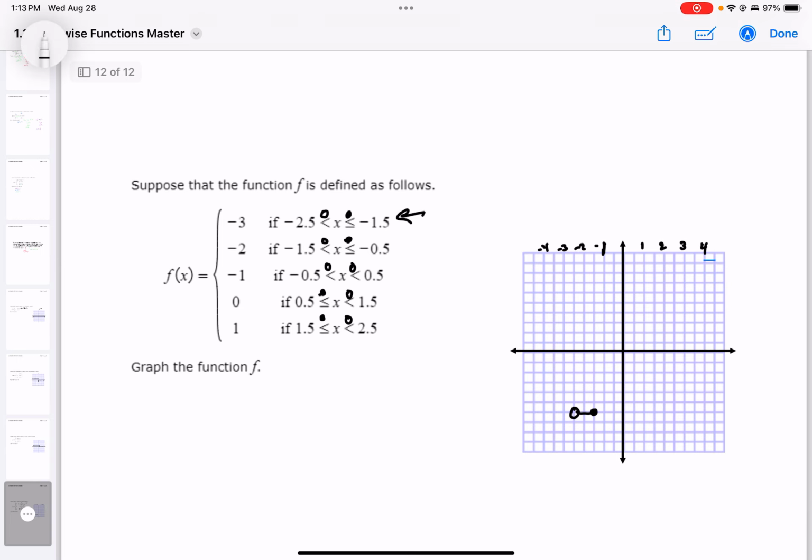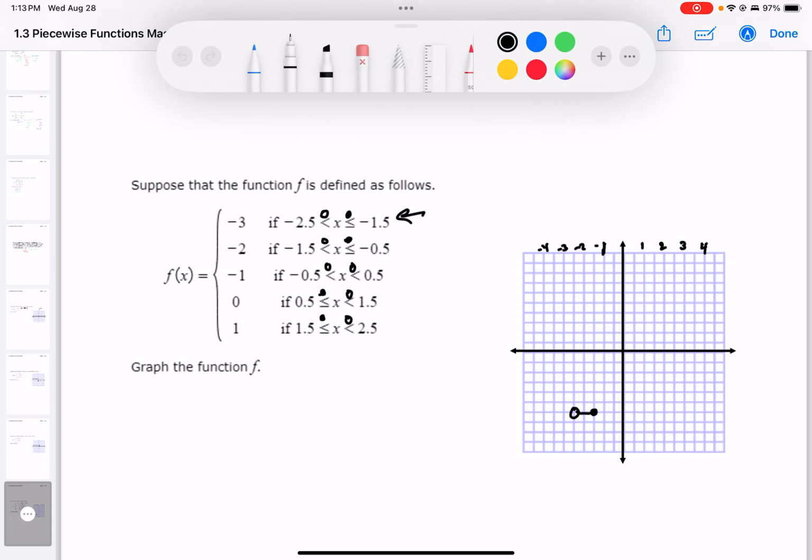Okay, get a different color here. All right, so now we're looking at this one, and that's from negative 1.5, and that's going to be open to negative 0.5, which is closed. Okay, so now we're here, so we're negative 0.5. Oh, that needs to be up one. Sorry, I forgot I did my differences here.